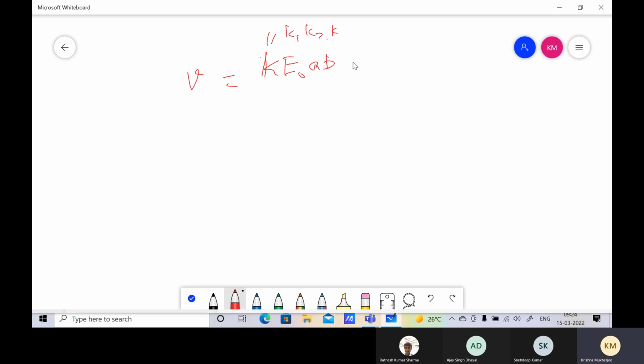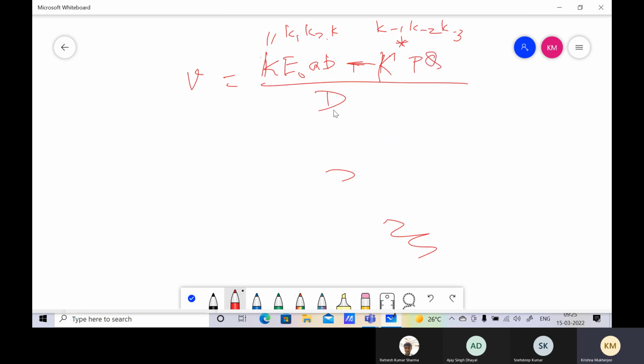minus some other constants. Sorry, I'm making a mistake here, minus some other k star, which would possibly be k minus 1, k minus 2, k minus 3, k minus 4, and so on and so forth, and into PQ upon some determinant, or sorry, denominator.